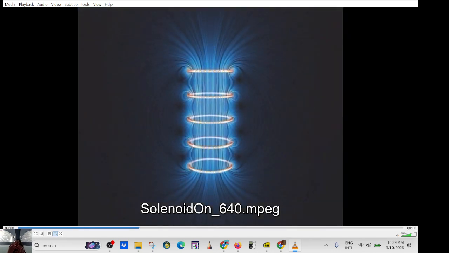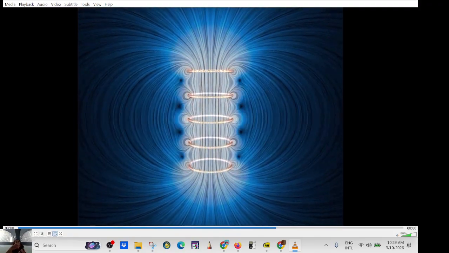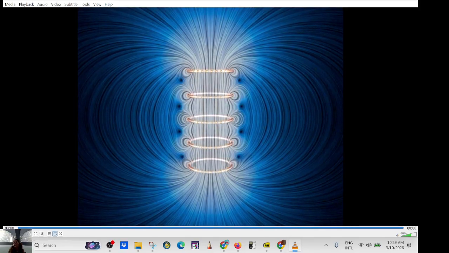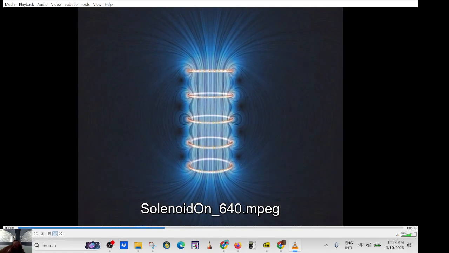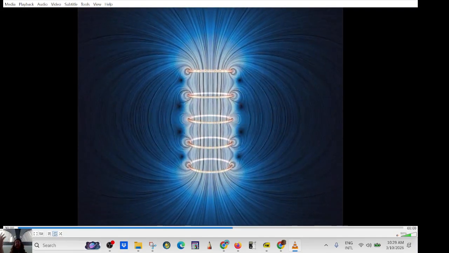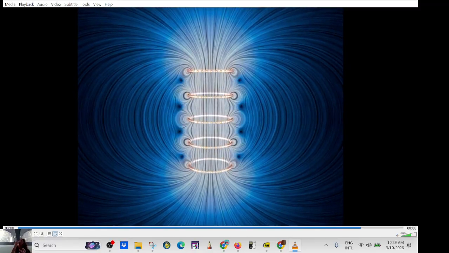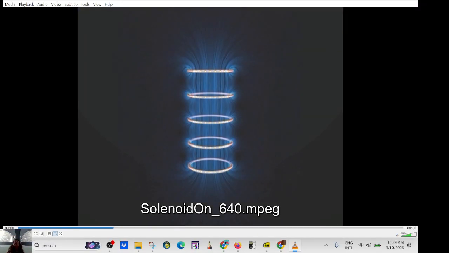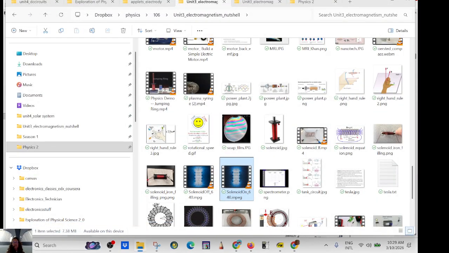That energy, when you open the switch, is going to be burnt out as a very high voltage. With a capacitor, if you discharge it, this energy can be burnt out as a very high current. So anyway, you are storing energy inside the magnetic field.